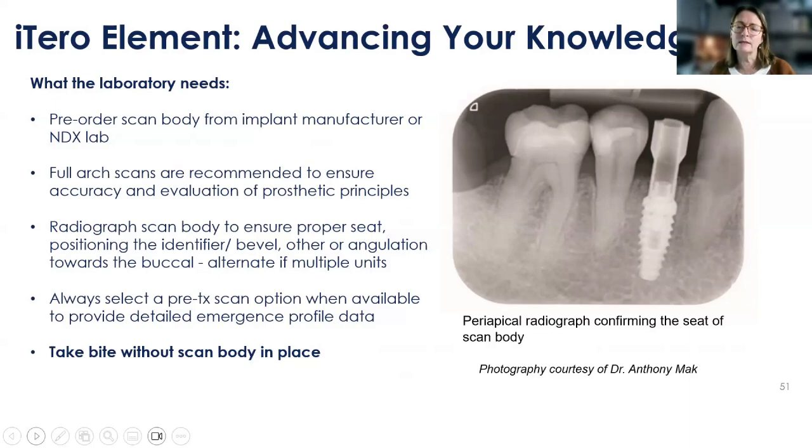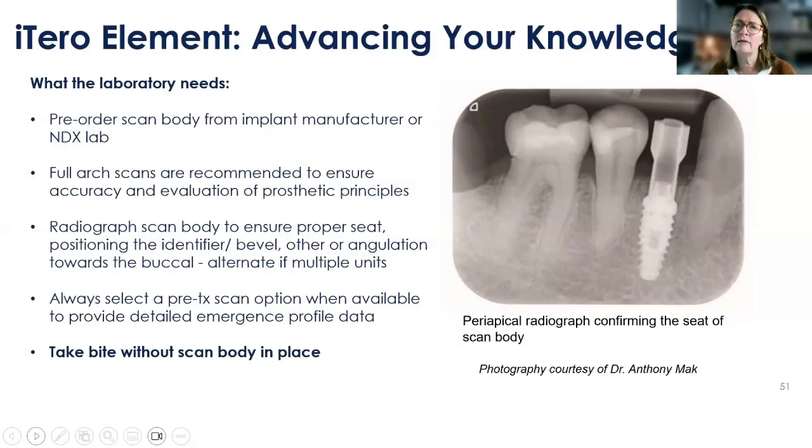So it is a scan of the gingival tissue at the implant site without the healing abutment, without that healing cap in place, and without the scan body, taking an image of that gingival tissue and the adjacent interproximal contact walls of those adjacent teeth as a separate scan.